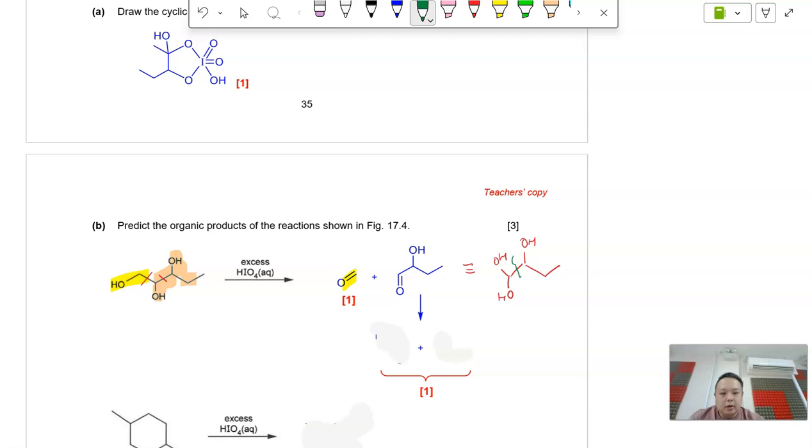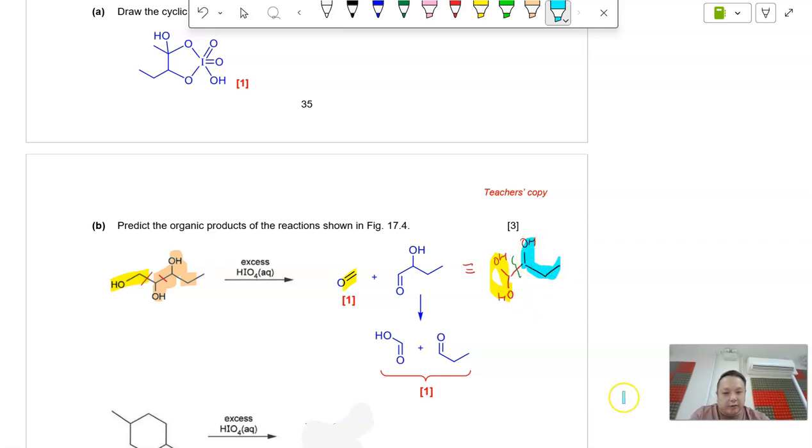Once we get a breakage over here, we get a carboxylic acid for this fragment, COOH with a double bond O, and then an aldehyde over here. So that's how we systematically get the structure. Again, these are not reactions that you've learned. It's largely through understanding the earlier context given.